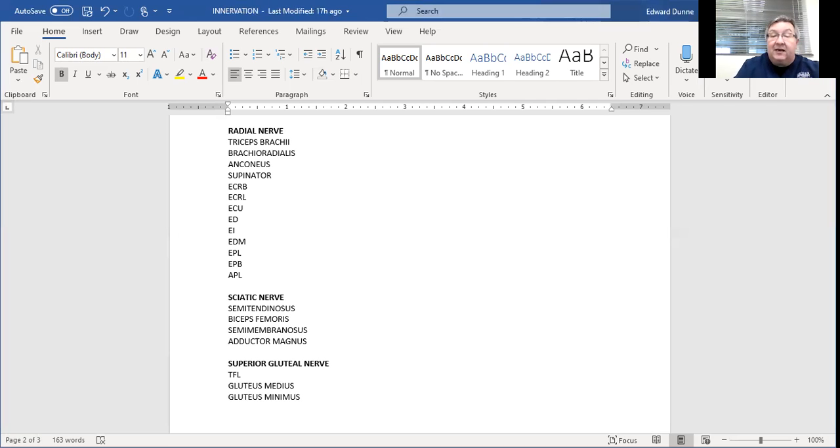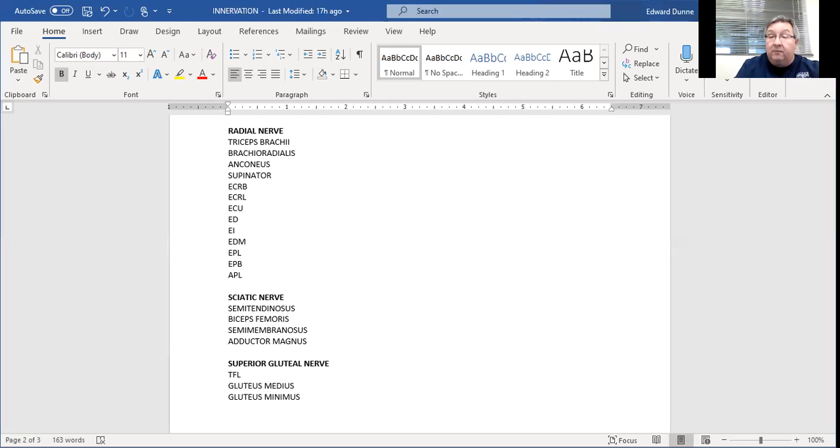Extensor carpi radialis brevis. Extensor carpi radialis longus. So those two muscles are on the radius side, on the thumb side. Extensor carpi ulnaris. That one's on the pinky side. Remember, anything with carpi does not go to the digits. But the rest of these extensors do.